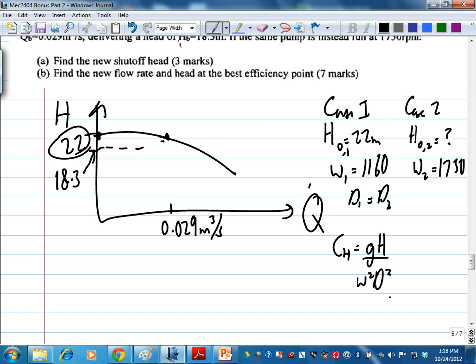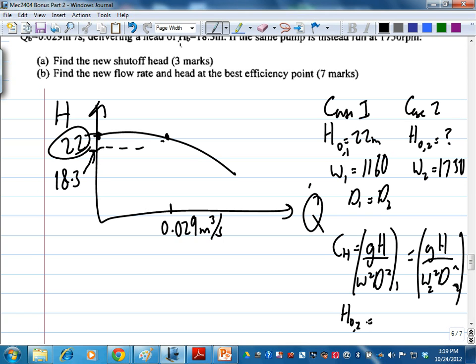Is that right? So that for 1 equals to gH over omega squared D squared for 2. Alright, so what is H naught 2? 50 point. Is that agreeable to everybody?